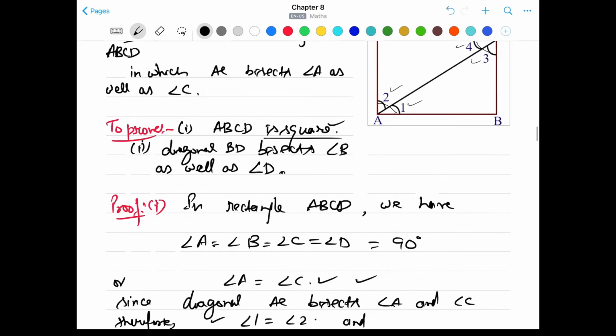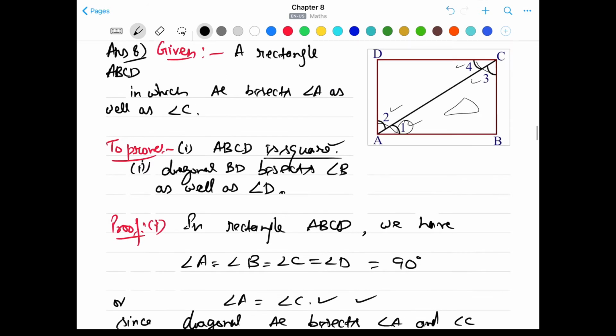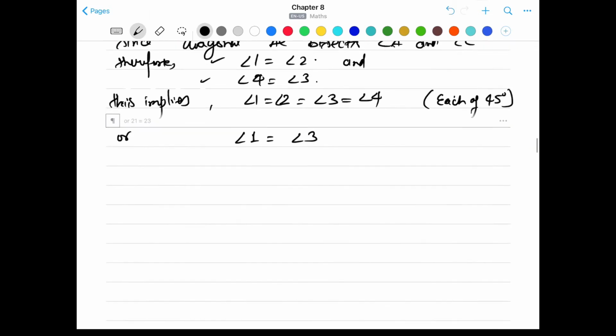Now you will see that in triangle ABC, since these two angles 1 and 3 are equal, using the isosceles triangle property, that the sides opposite to the equal angles are equal.